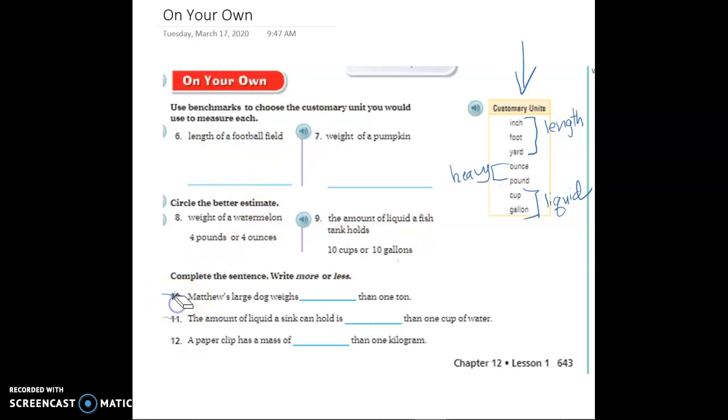And number 10 right here. It says write more or less. More or less. Here we go. Matthew's large dog weighs more than 1 ton or less than 1 ton. Now 1 ton weighs as much as a car.